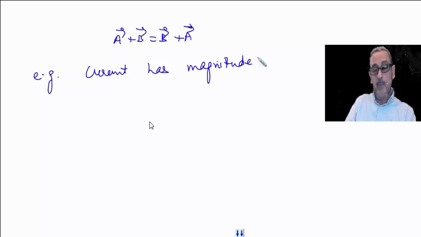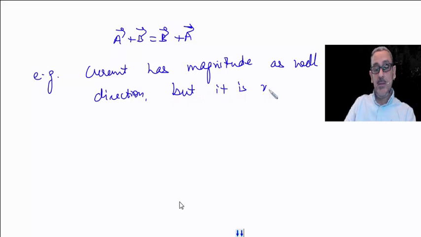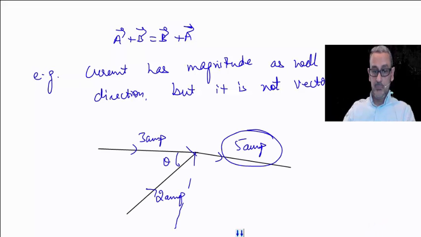We always say that a vector is a quantity which has magnitude and direction, but that is not sufficient. Current has magnitude and direction, but it is not a vector because it doesn't obey the vector law of addition. See, 3 ampere current is entering, 2 is entering, going out is 5 ampere, and the angle between these two wires is theta.